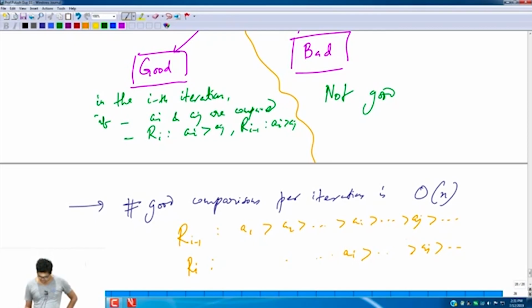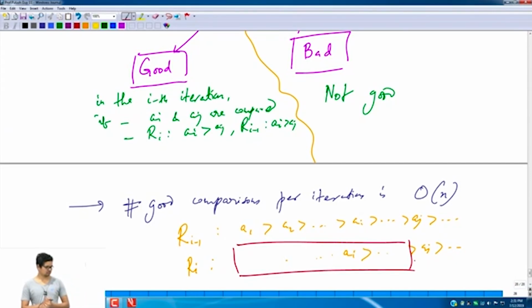By the time AJ is picked at the jth iteration, the first j minus 1 part is already sorted, isn't it? Now, if AJ gets compared to AI, that means that for the last comparison, whoever is just after AI, call it x, AJ is greater than x.